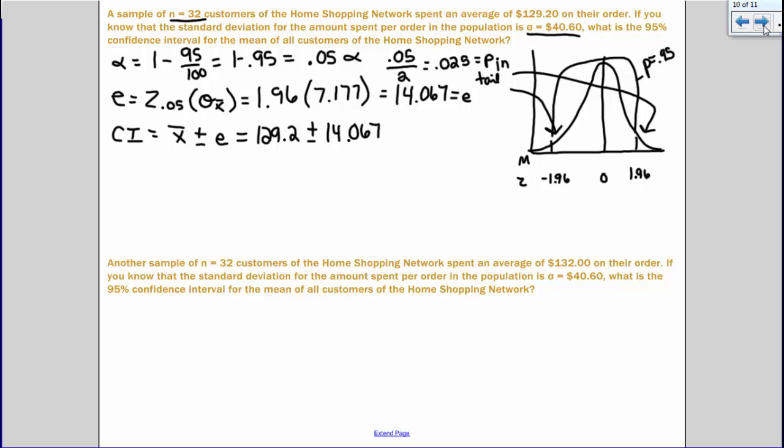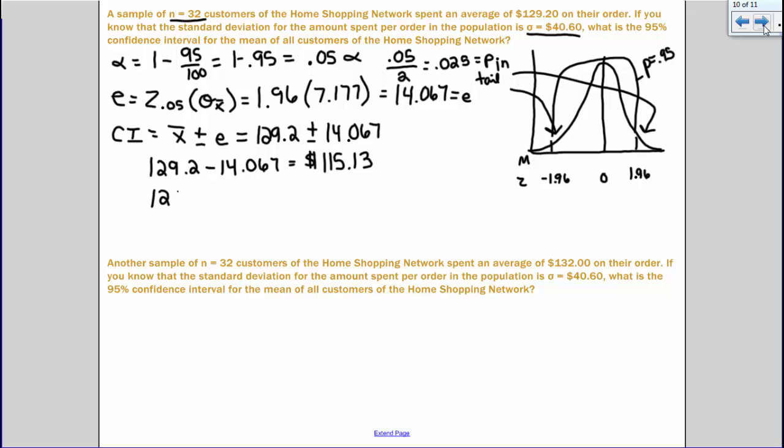So I'm going to go ahead and find my low end first this time. 129.2 minus 14.067 gives me a value of 115.133, or $115.13. I always have you round to the thousands place, but when we're doing dollar figures, if you round to the hundredths, that's fine because that's typically how dollars are represented.